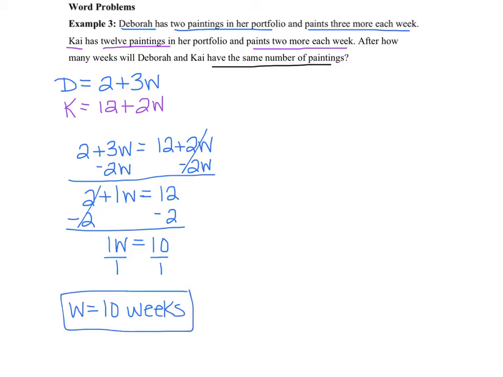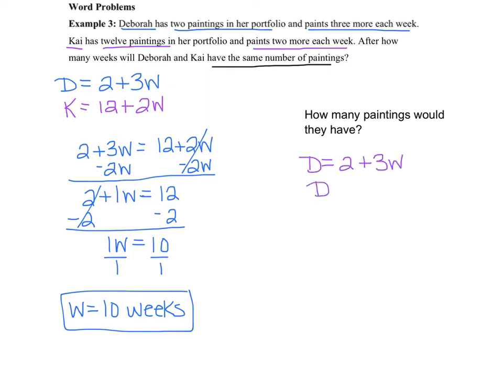Now if I ask you the question, how many total paintings will they have after 10 weeks? What would you do now? So how many paintings would they have in total? So we just figured out it is 10 weeks, and all you would do is substitute 10 for W in either equation. And we'll do Deborah. So we'll say Deborah is equal to 2 plus 3W.